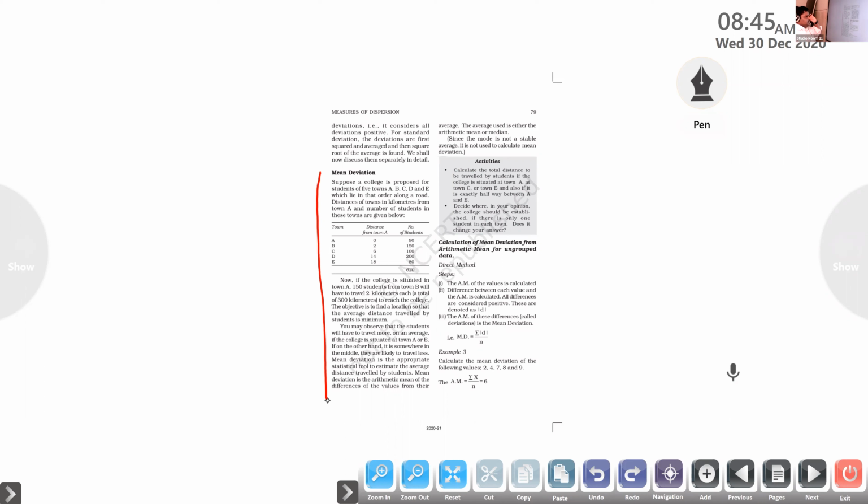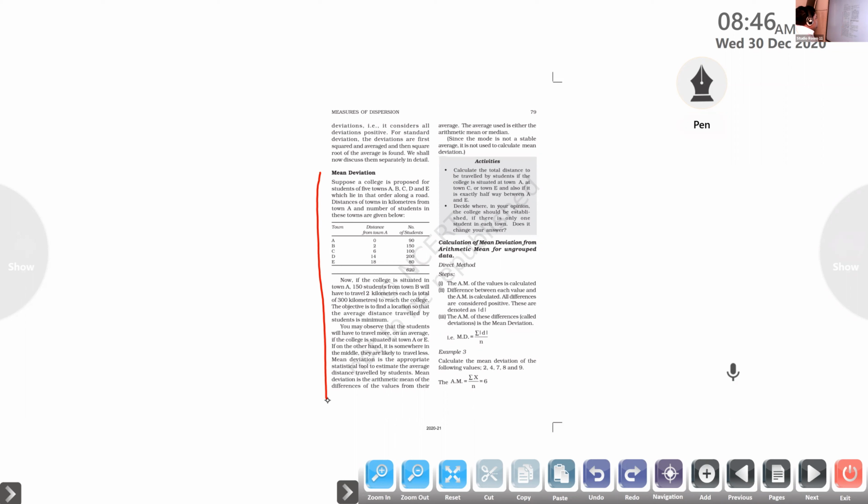You can see in the table here, right? So 5 towns are there: town A, town B, town C, D, and E. First of all, we are going to find out the distance of B, C, D, E from town A. From town A, there are 90 students. Town B, there are 150 students. The distance from town A is 2 kilometers.